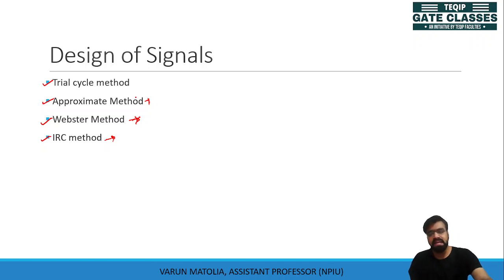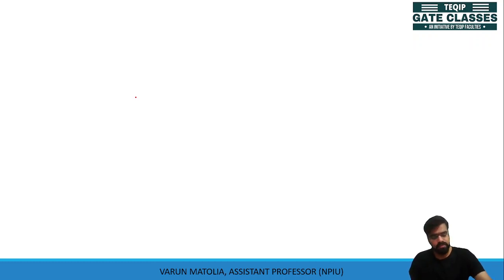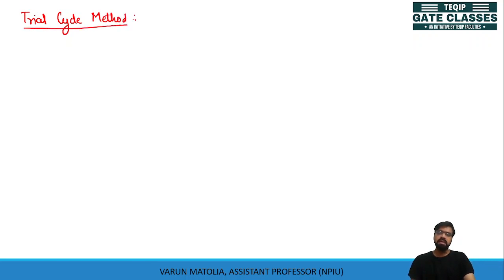So let us start with the trial cycle method. Trial means a number of assumptions are taken.